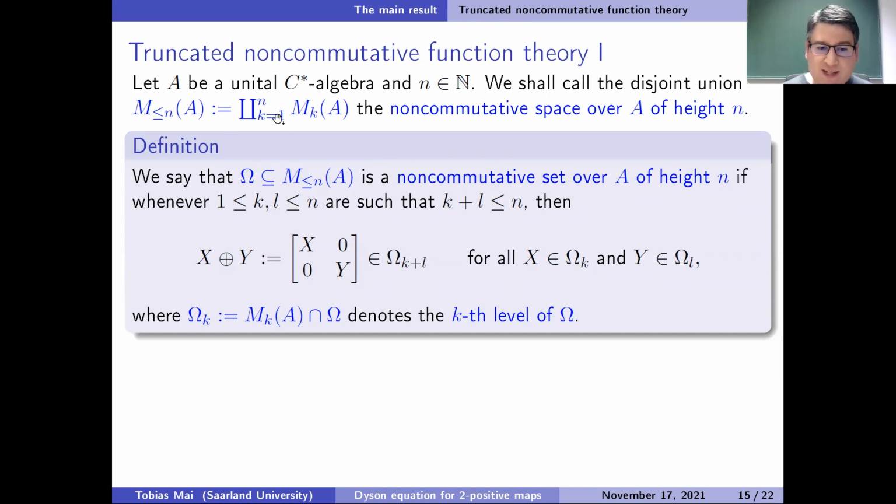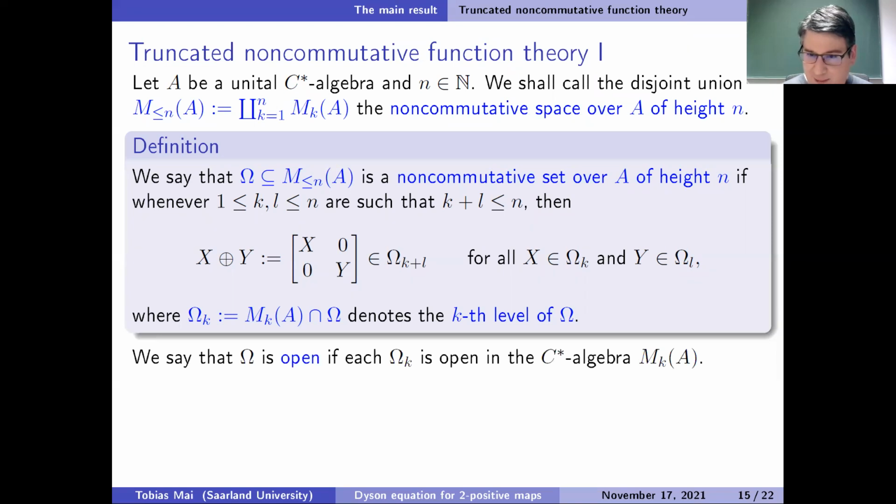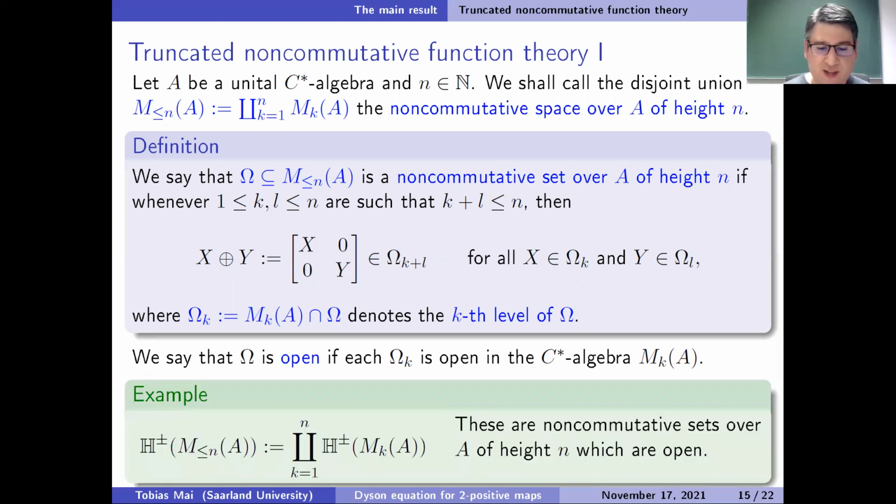But what I'm doing here is restricting to a certain dimension. So I'm not going beyond a certain dimension, and this is what I mean by truncating things. But apart from this limitation of the dimension, these are precisely the same definitions that one knows from non-commutative function theory.